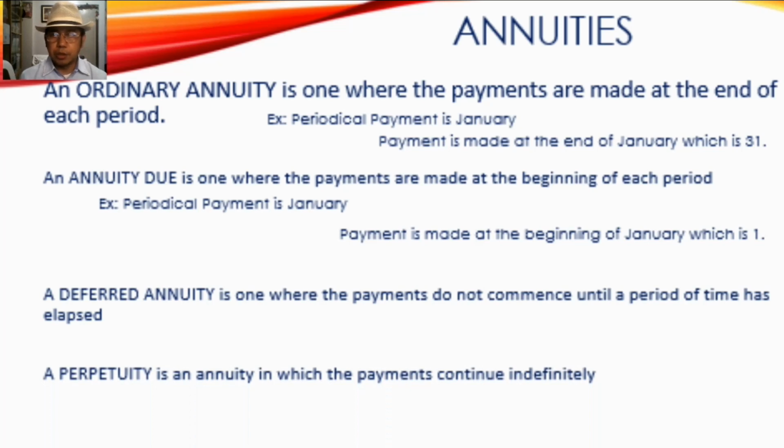Now, what about the perpetuity annuity? It is an annuity in which the payment continues indefinitely. So, what is the example of this one? The example is an insurance, wherein there is continuous payment. What kind of insurance? It could be property insurance. Why?